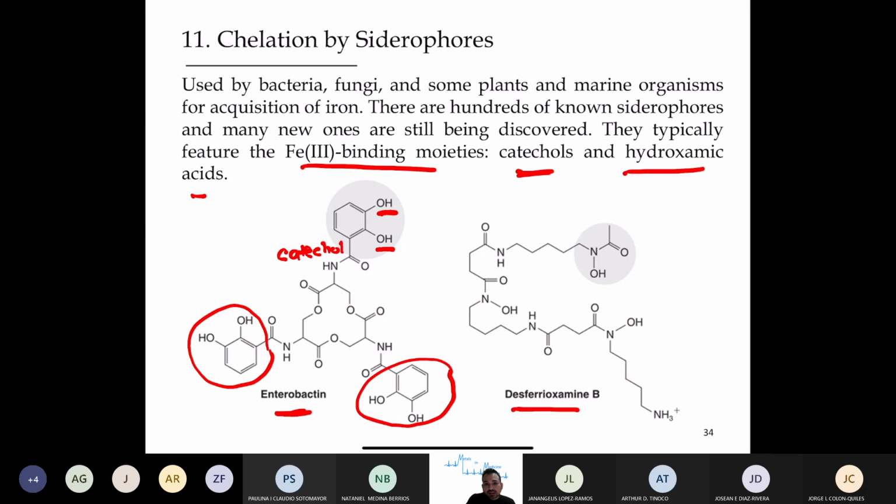On the right, we have desferoxamine B. This particular siderophore features this hydroxamic acid moiety, which when it coordinates would become a hydroxamate, because you have a deprotonation of the proton. So you see the moiety present throughout the molecule. You have it there, you have it over here, you have another one here.